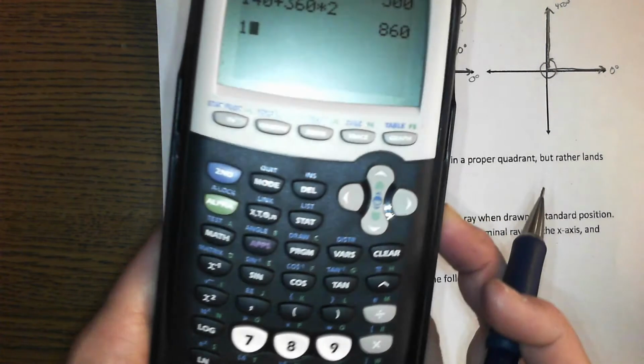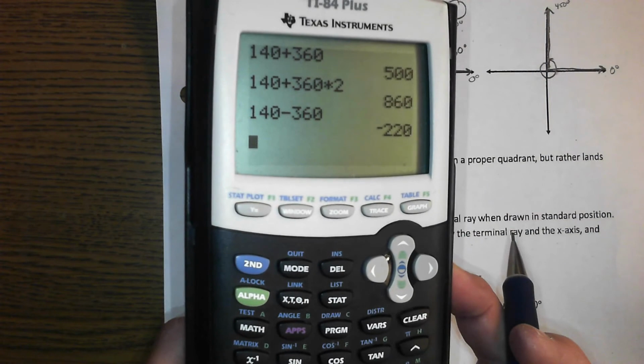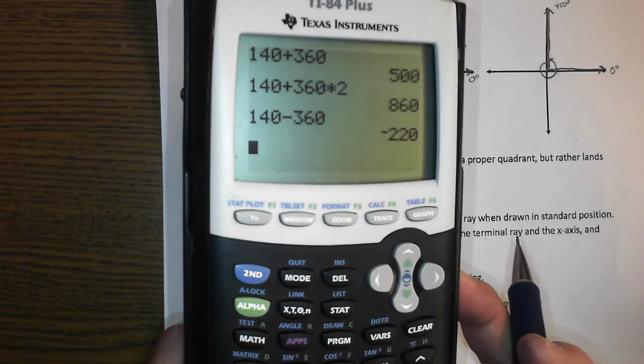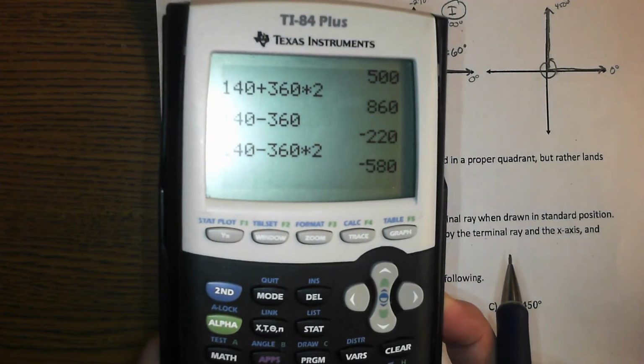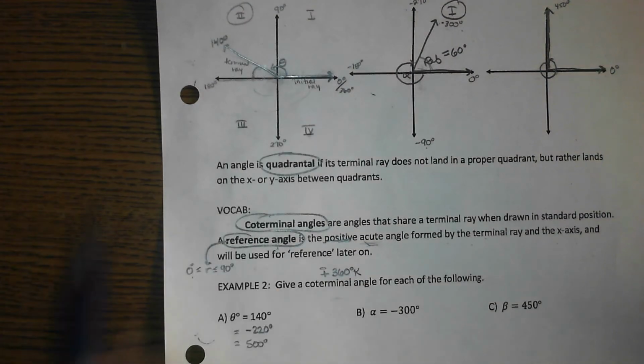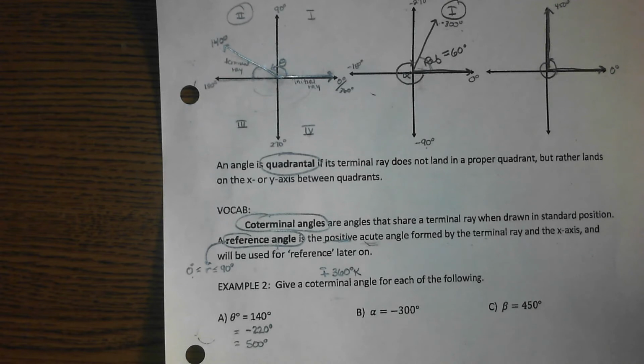And I could also subtract 360, and that's really what we did the first time to get negative 220. We thought of it differently, but that's really what we did. You could subtract 360 twice. You just have to make sure it lands in that same spot. So wherever that is, you can add 360 onto it, subtract 360 from it to get coterminals.